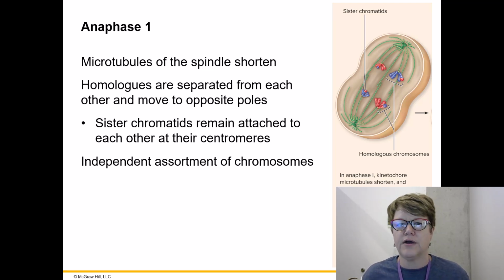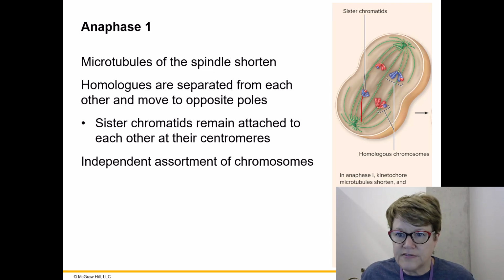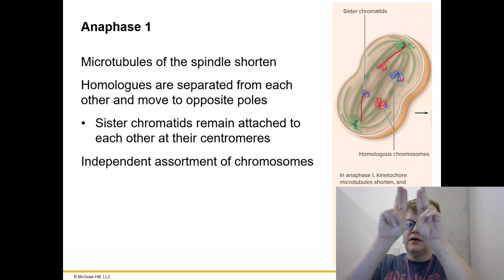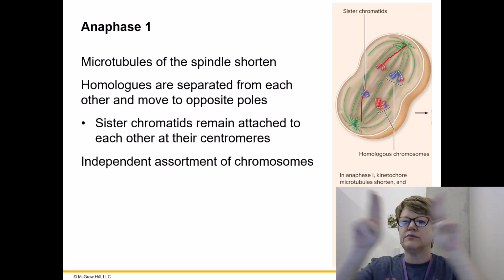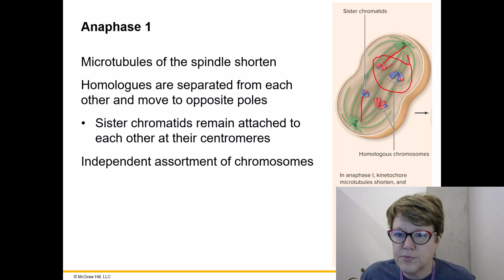When you get to the final products, you'll be able to see some of what happens. So in anaphase, if you imagine the spindle fibers that are attached to each of the members of each homologous pair retract, and that pulls the homologous chromosomes apart. And so one set of chromosomes is pulled to one pole, and the other set is pulled towards the other pole.